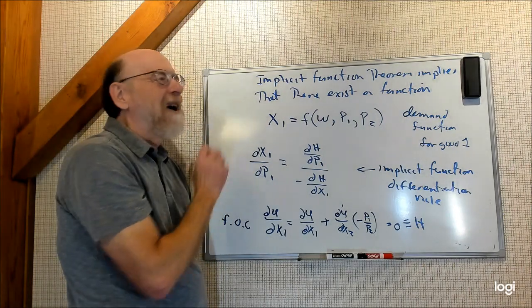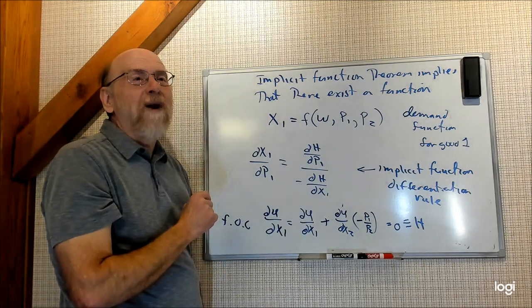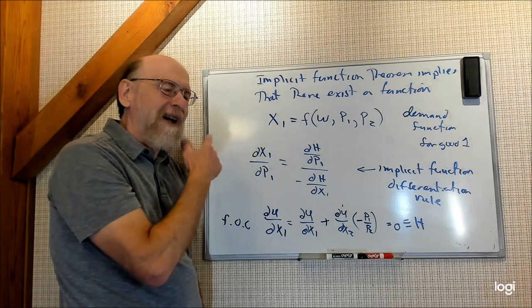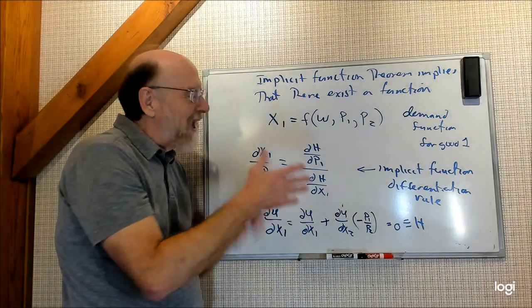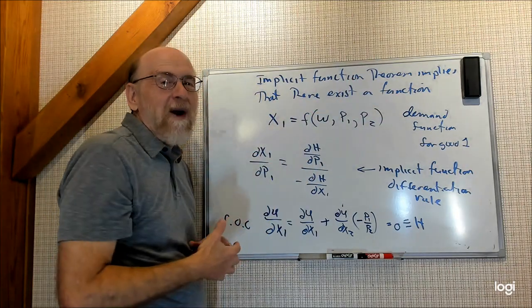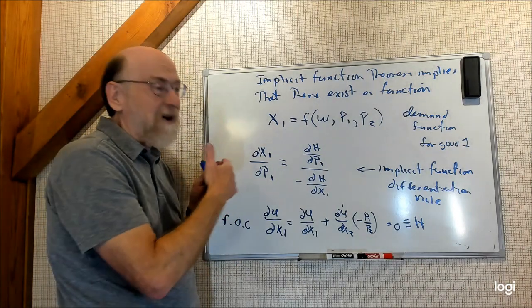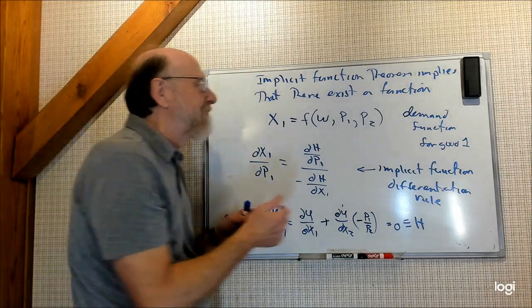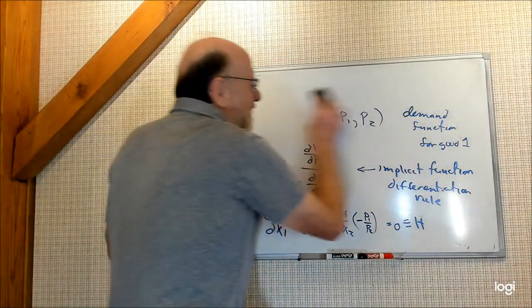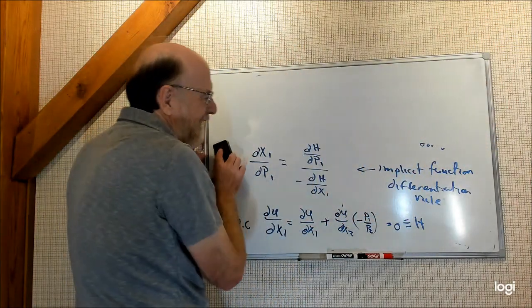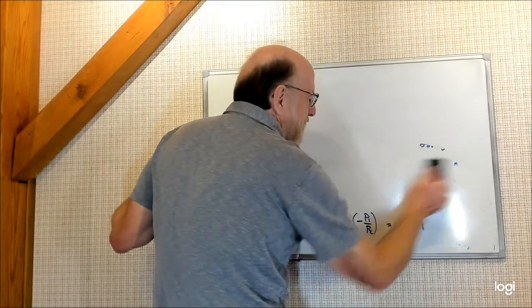And you can figure out what the signs of each term wind up being. And then when you evaluate the whole string of terms, you often, although not always, can determine what the sign is, even though you don't know very much about the functions themselves. So let's try to get the dh/dp1 and see what that looks like.